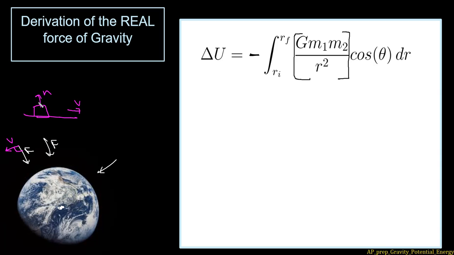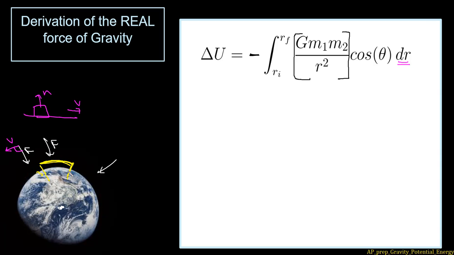So we're being lazy, clever, and attractive, and we're only integrating with respect to radial, because if I move non-radially, the Earth doesn't do any work. If I go on a roller coaster, the higher the hill, the more stored energy I have, but a hill over here that's 3 meters high is the same stored energy as a hill over here that's 3 meters high. I don't gain any energy by going this way relative to the Earth, only this way.